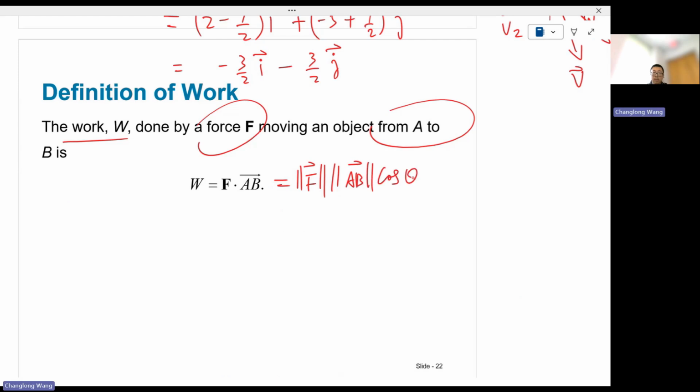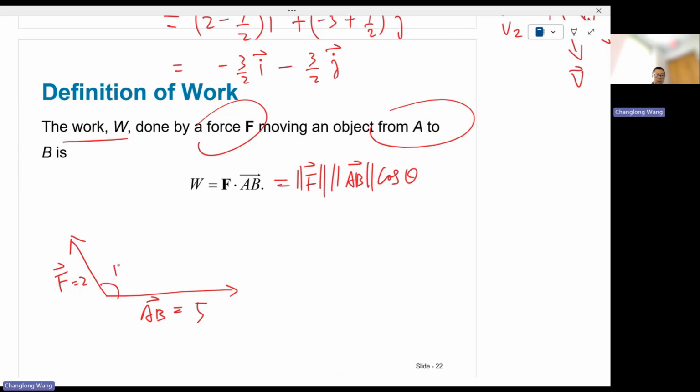Work is the magnitude of force times the magnitude of movement times the cosine of the angle in between, right? So let's say I have a force that is 2 units long, then a movement vector that's 5 units long.